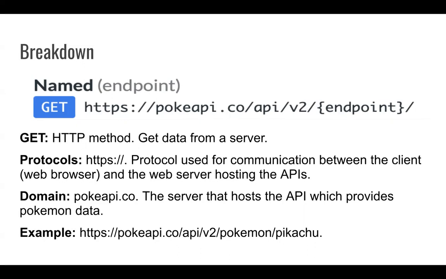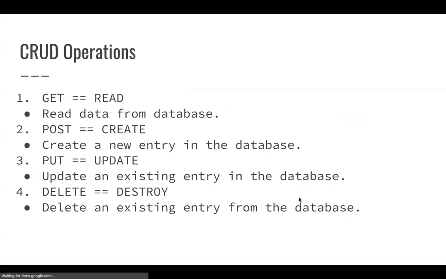It can be arbitrary, but usually there are certain standards: you want your endpoint to be short, simple, but also expressive. A good example is /pokemon/pikachu. In this case, we want to go to the web server pokeapi.co and get a Pokemon with the name of Pikachu.